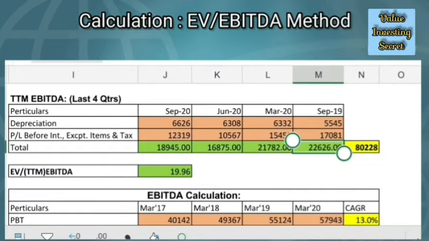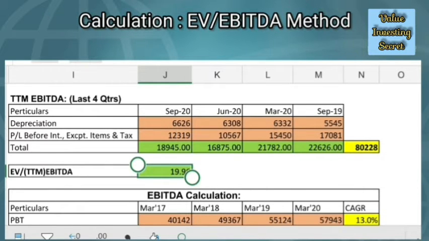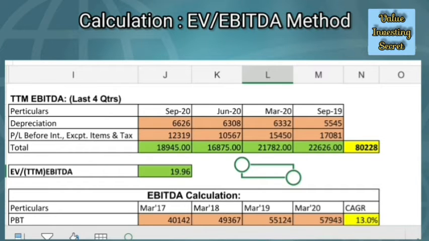Again, these data are taken from the annual report of Reliance Industries. So we have to add depreciation plus profit and loss before interest, exceptional items and tax to get TTM EBITDA. So with this we can calculate EV by EBITDA value, that is 19.96.